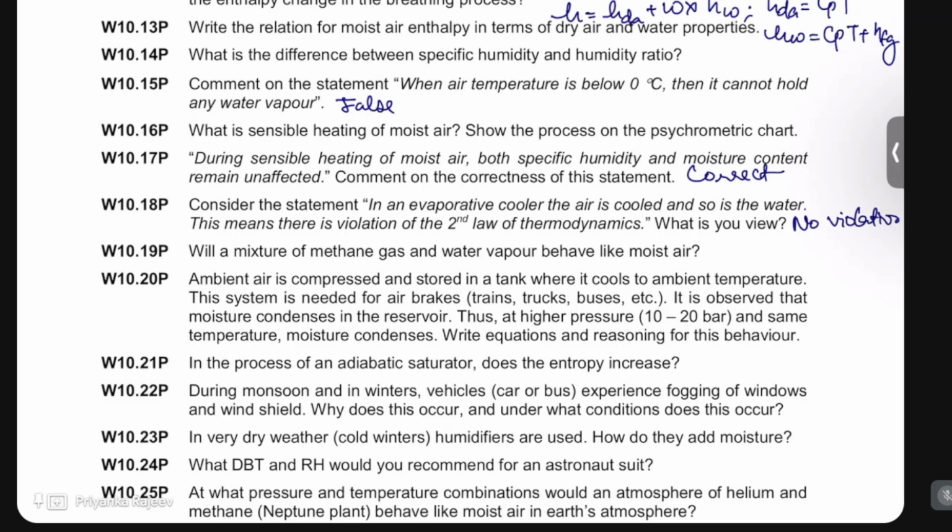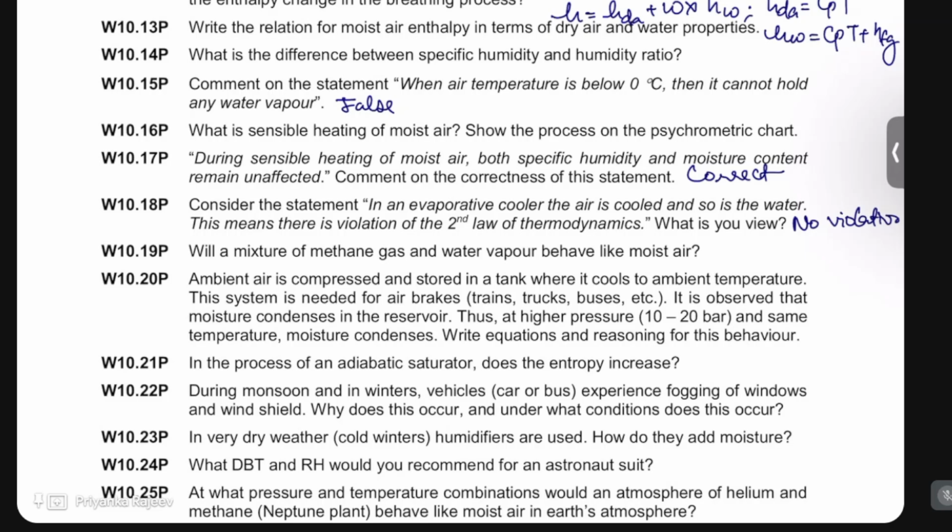So compressed air, when it is stored, the moisture condenses inside the system. At high pressure, the vapor pressure at saturation is lower. So when compressed, the partial pressure of water increases, and if it exceeds the saturation pressure at the temperature at which it is stored, condensation is going to occur.